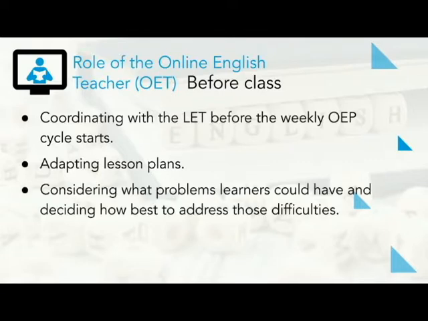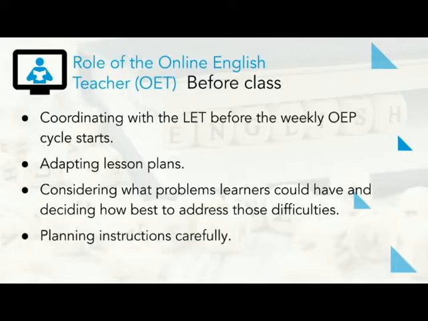It is also important that when preparing a lesson, the OET considers what problems learners might have with the lesson's target language. The OET should make an action plan for how to best address those difficulties and discuss it during weekly coordination with the LET.